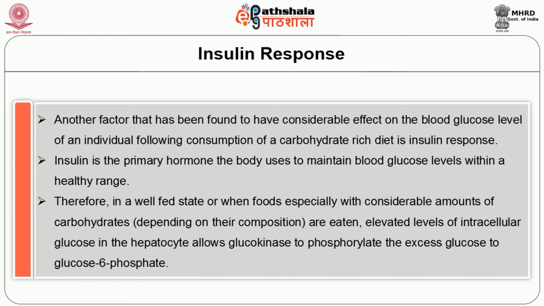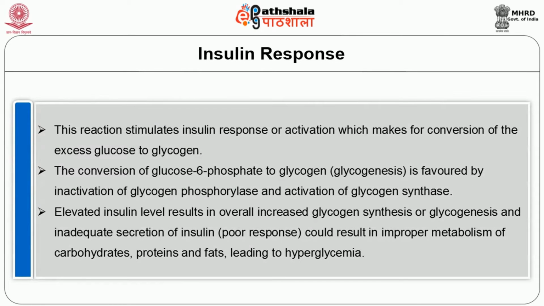Therefore, in a well-fed state, or when foods especially with considerable amounts of carbohydrates are eaten, elevated levels of intracellular glucose in the hepatocyte allow glucokinase to phosphorylate the excess glucose to glucose 6-phosphate. This reaction stimulates insulin response or activation, which makes for conversion of the excess glucose to glycogen.